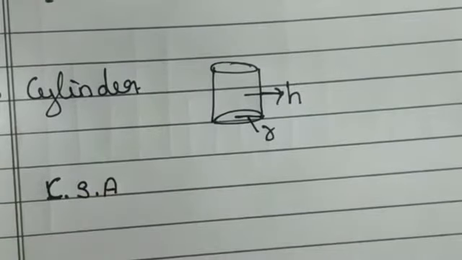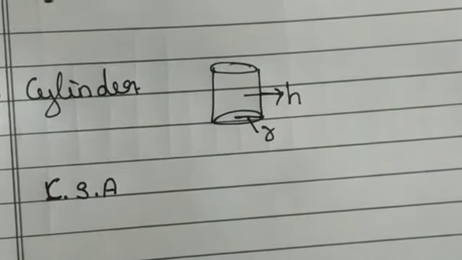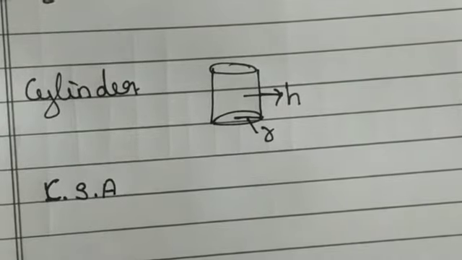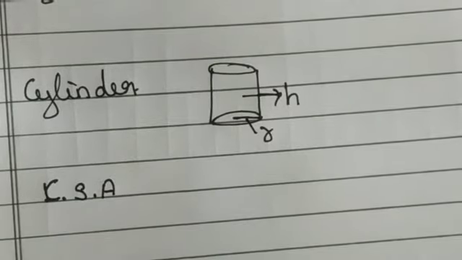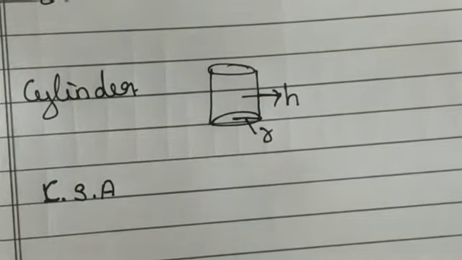We will write curved surface area here. Till now, in the cube and cuboid, we wrote lateral surface. Why? Because those things were not curved surfaces. But here in the cylinder, we will find the things on a curved surface.